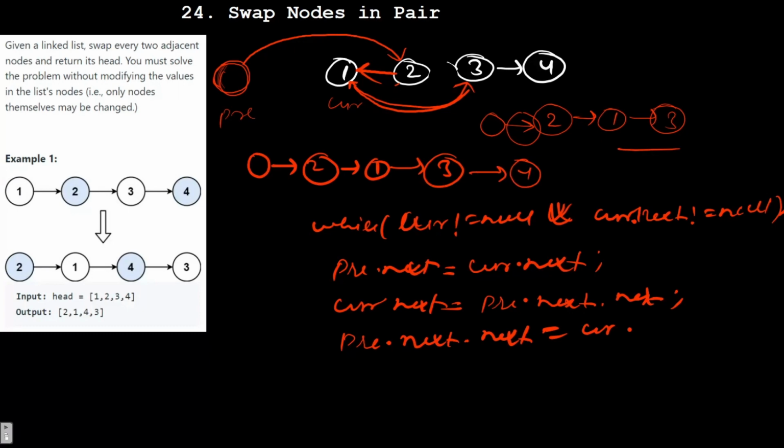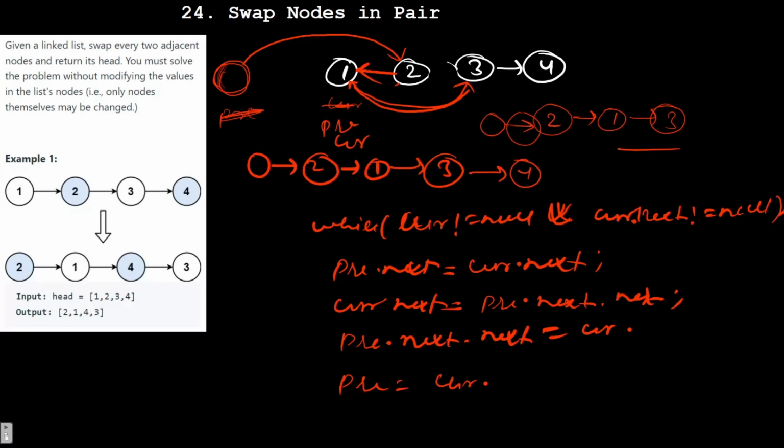Okay, for the next turn we have to update our pre. Till now we have solved pre to 1, so we will be updating our pre; pre is going to our current value, so this is going to be our next pre. This will be removed, this is our pre, and till now cur is also this, so pre is going to our cur, and we have to update our cur also.